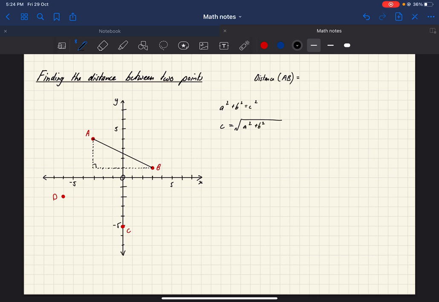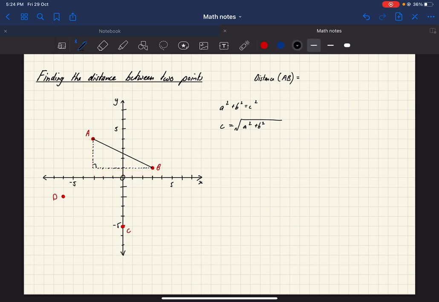So in this case, since c is our hypotenuse, we can find this length c by using this formula here, where we put in the length of A and the length of B. Square them both, add them, and then take the square root.